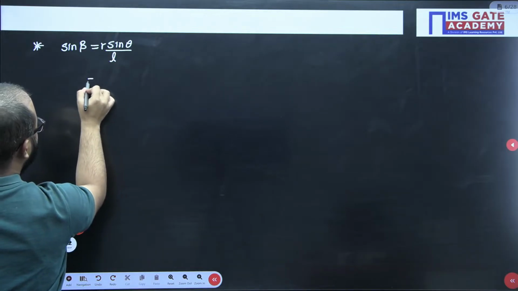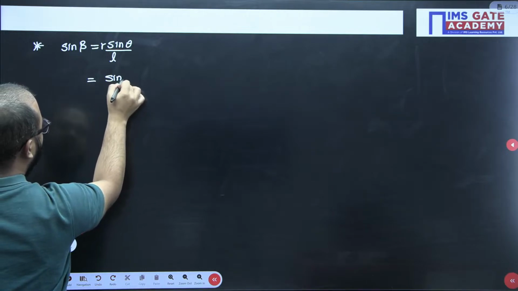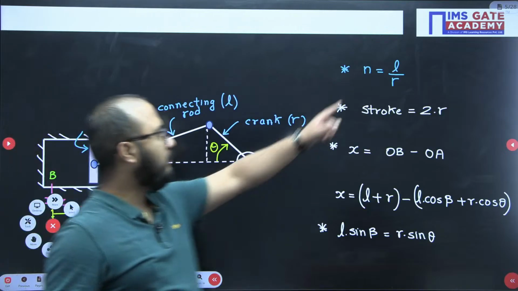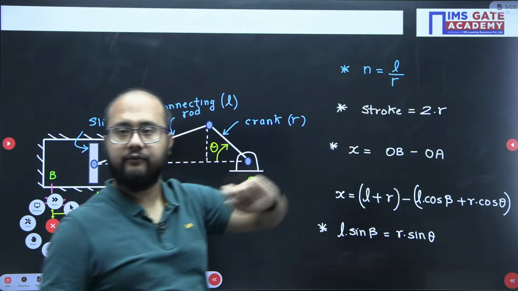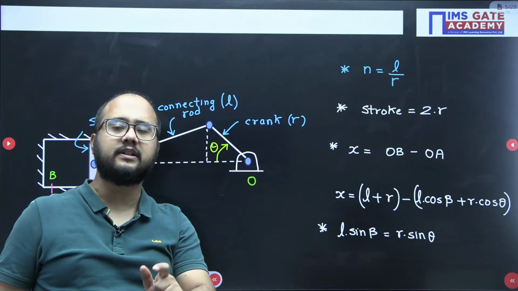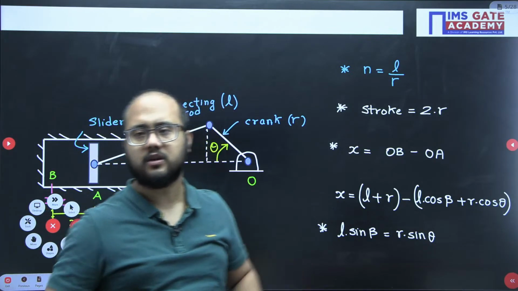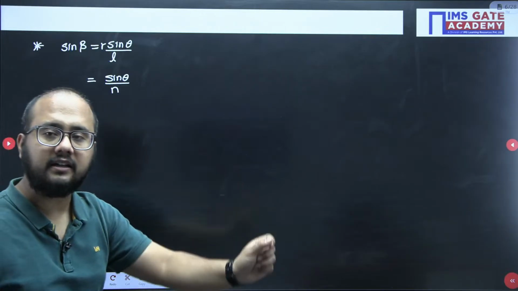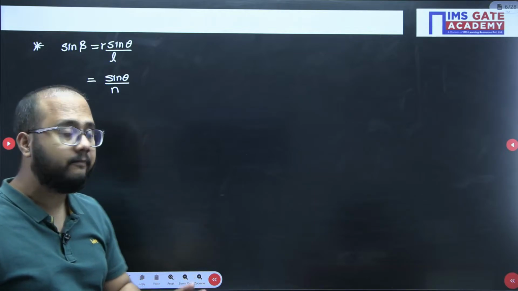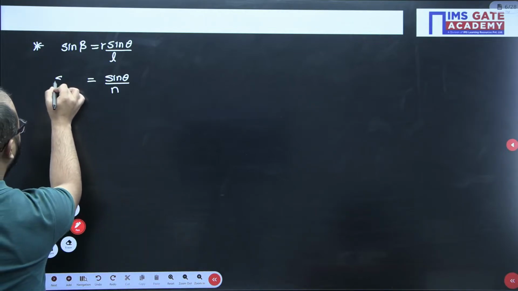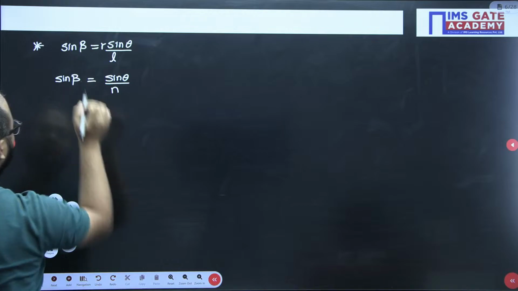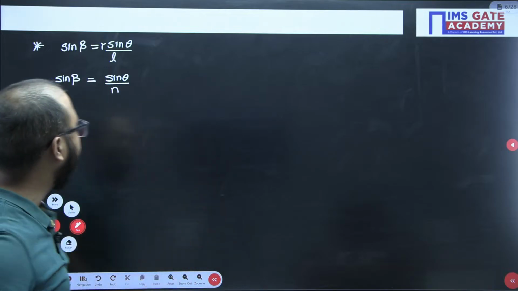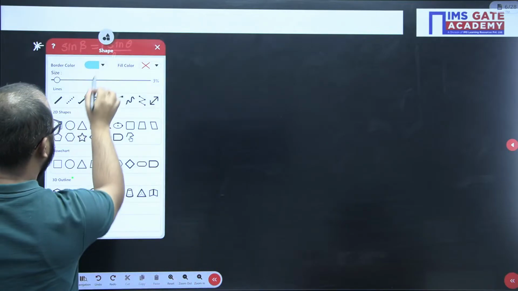As I already told you initially, L by R is nothing but N. L by R can be represented as N. Wherever I see L by R, I will represent it with N, just to simplify the equation. So N is nothing but the ratio of connecting rod length divided by the crank radius. So sin beta is equal to sin theta divided by N. Okay, fine. So this is an important relation for us.